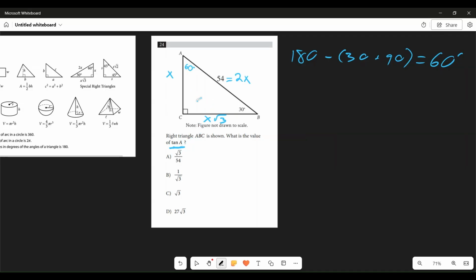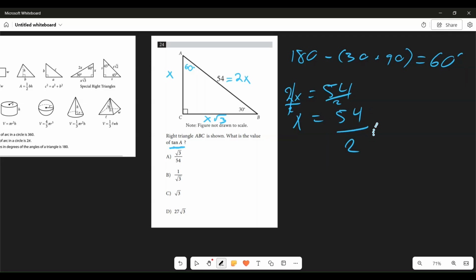Now we just need to solve for x. 2x is equal to 54, so x is equal to 54 divided by 2. All I did here was divide by 2 on both sides. You get the idea.